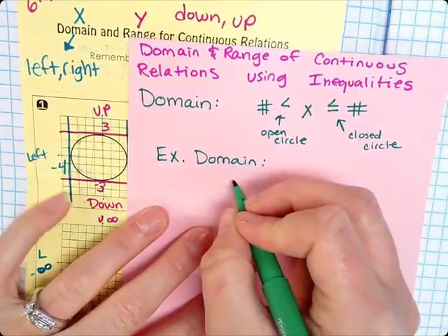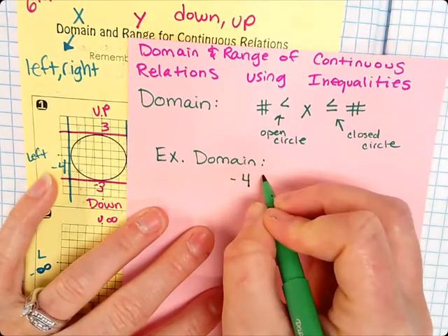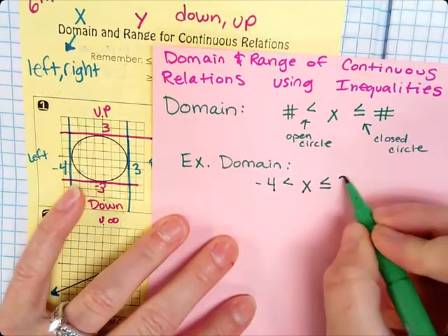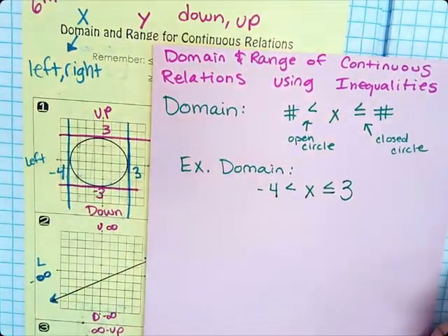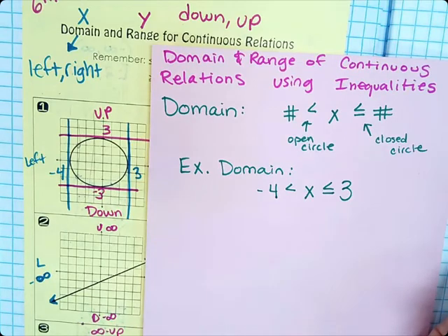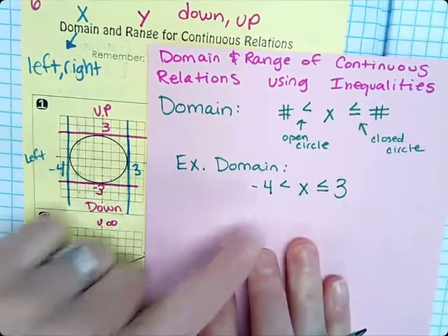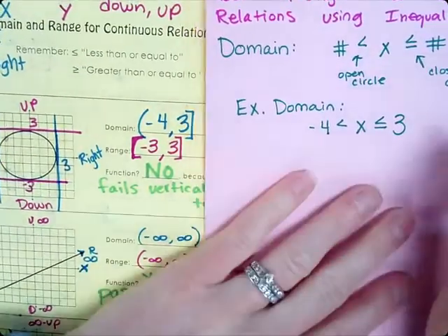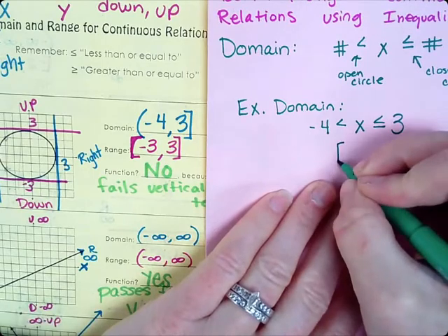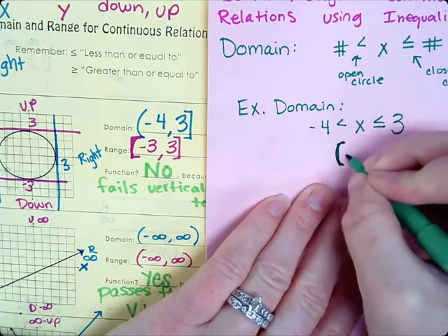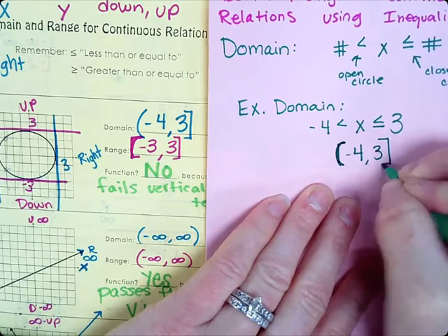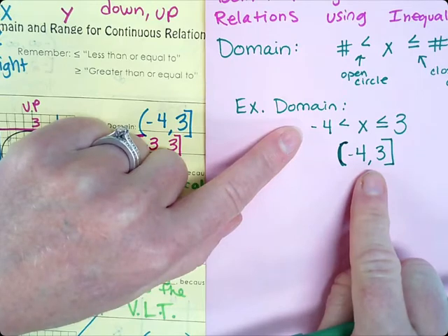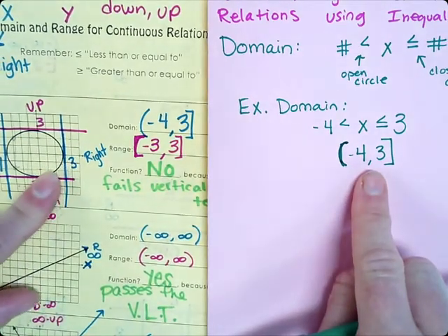So it's going to be -4 is less than x is less than or equal to 3. This is the same thing as writing it like the interval. It was parenthesis -4, comma 3 with a bracket. These are two different ways of writing your domain for this graph right here.